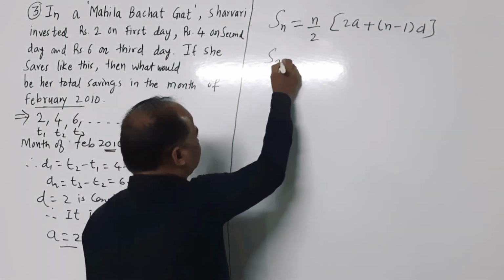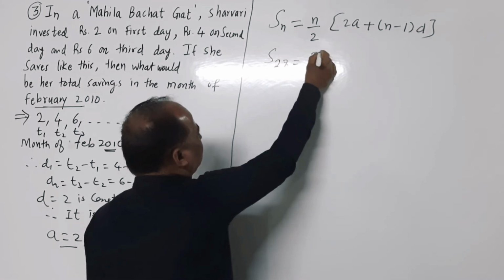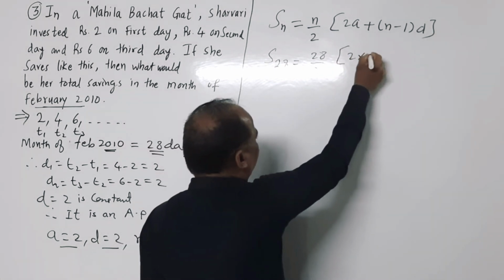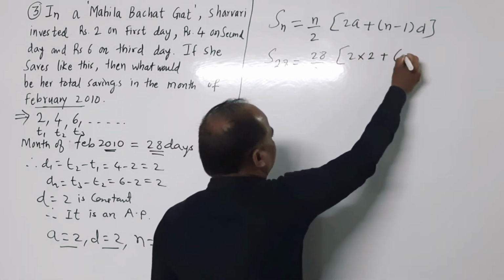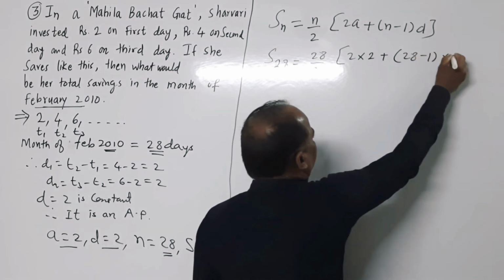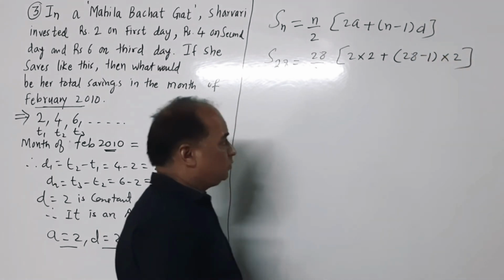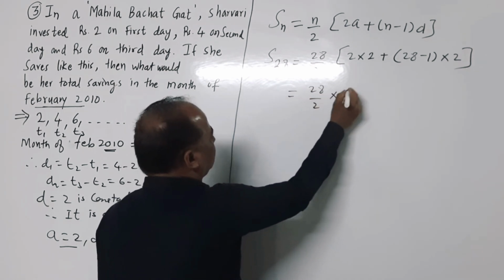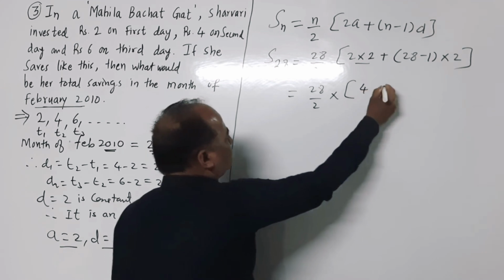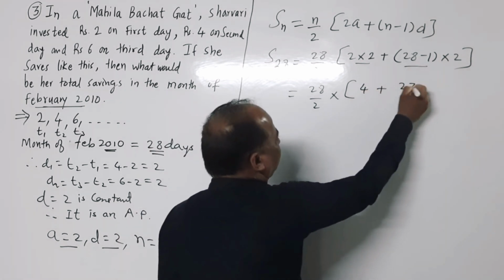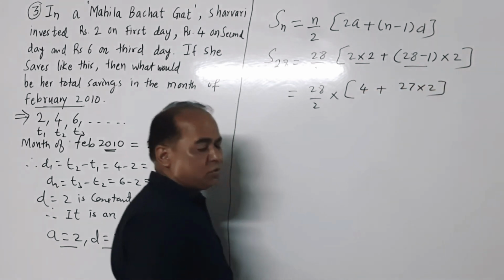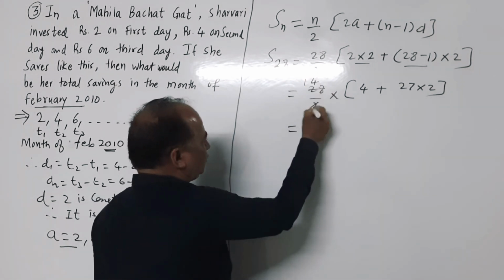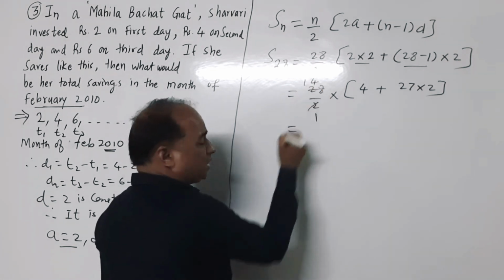Therefore S28 is equal to 28 upon 2 into 2a, that is 2 times 2, plus 28 minus 1 into d, which is also 2. Therefore 28 upon 2, that is 14, into 2 twos are 4 plus 27 into 2.